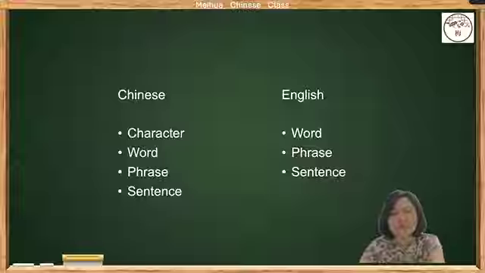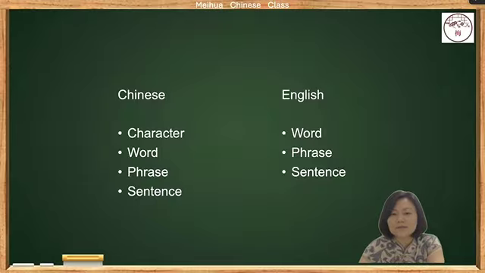We already learned about it in the last session, right? The second element is word. In Chinese, we call it 词语. The third category is phrase, and the most important category is sentence.